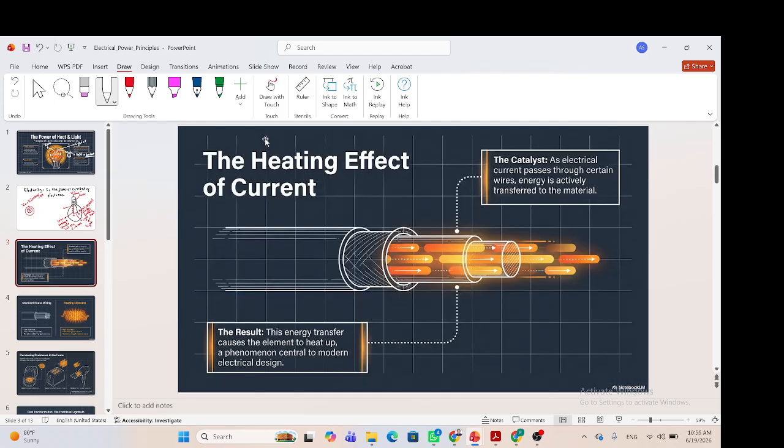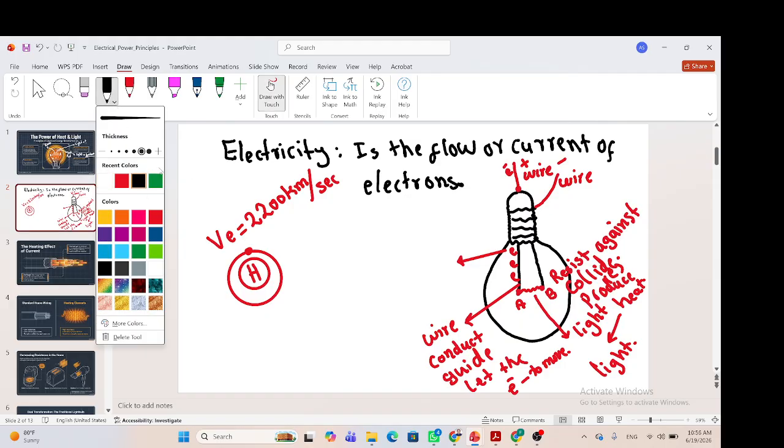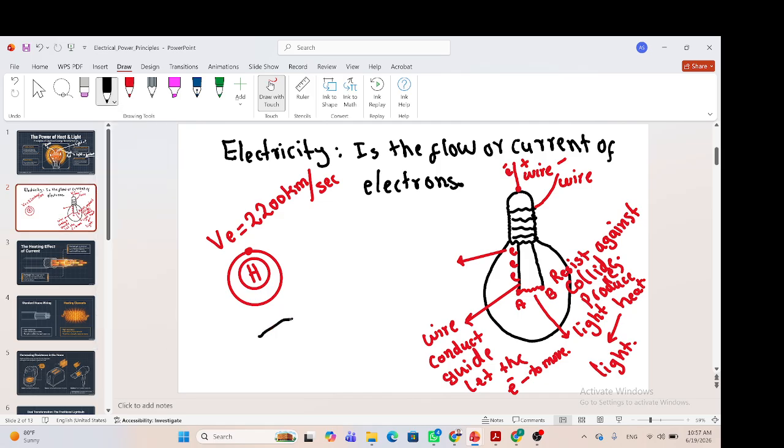Now see, we have different types of wires. Metal produces resistance against the current of electricity. For example, this is a wire. Usually wires let the electricity move from one point to another point. But what will happen if you connect a plastic here?